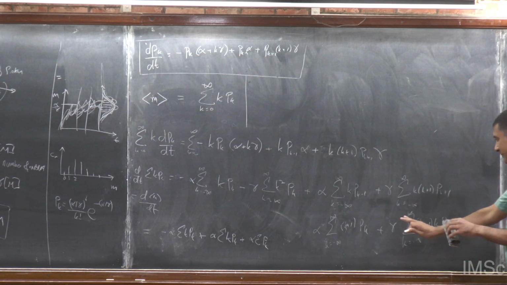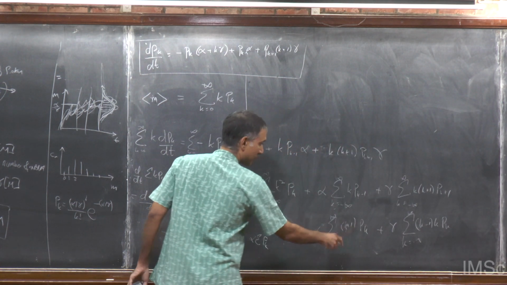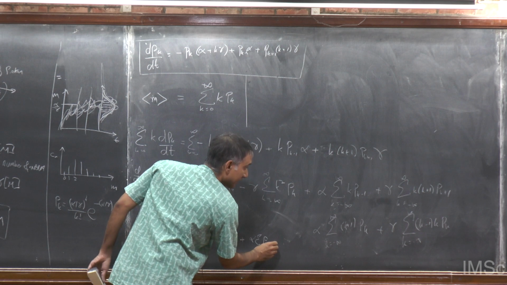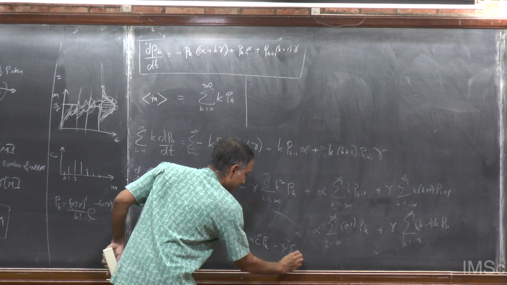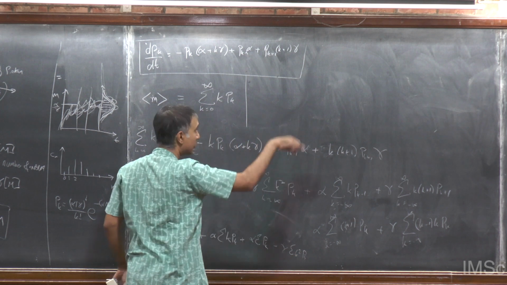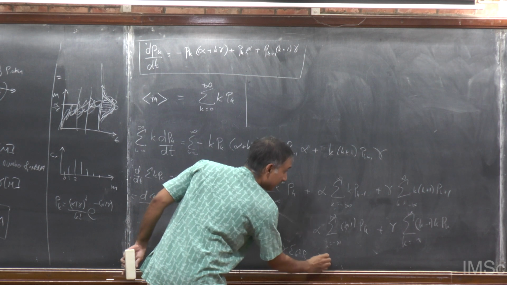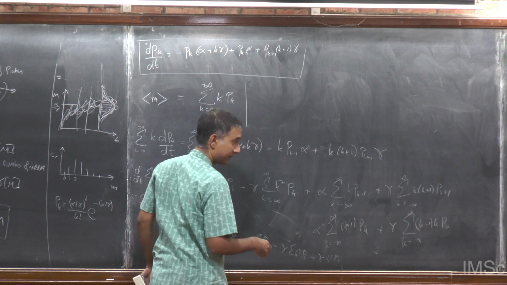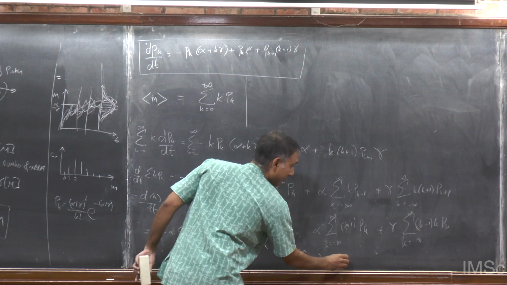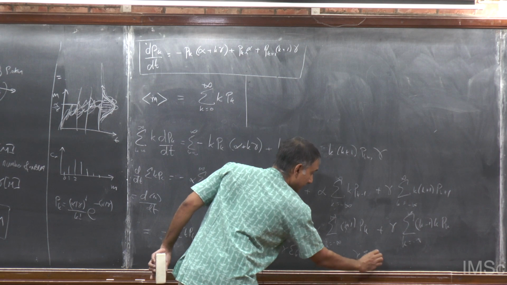I'm running out of space, but okay, I'm going to crawl underneath here. These two, and finally those, what do we have? We have the minus gamma sum of k squared pk. I'm going to rewrite this on top, so don't worry. So that's this term, and then you get plus gamma k squared pk that you do get, and then you get minus gamma sum of k pk.